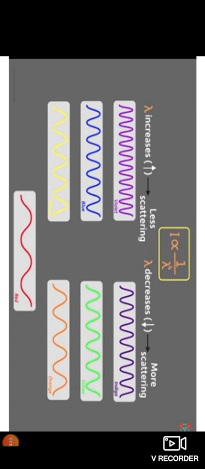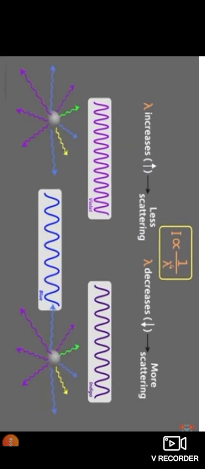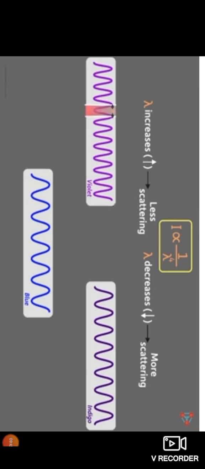So when the sunlight strikes the atmosphere containing some molecules, scattering takes place, and the color which scatters most is violet, then indigo, and then blue. Here you can see the maximum scattering is of violet color. Violet color's wavelength is least, and hence the scattering of violet color would be more than indigo and then blue.